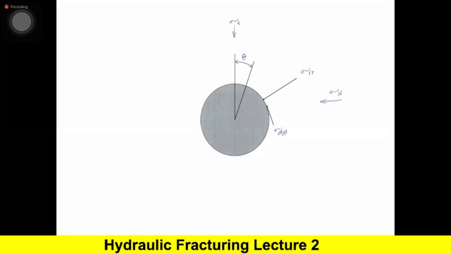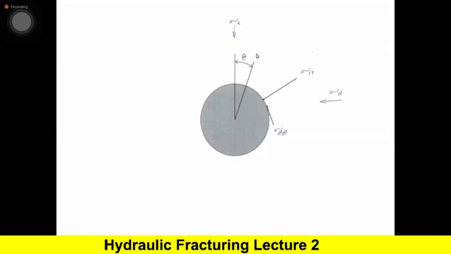So the vertical stress is going vertically into the picture. And I'm going to look at an angle of theta here. I can look at any point in the reservoir, not inside the well bore. The white area is my reservoir, and if I draw a straight line to the center of the well bore, I have this angle theta.